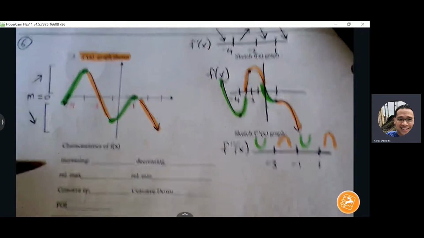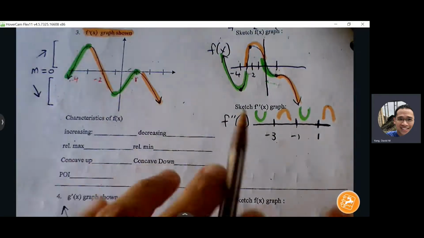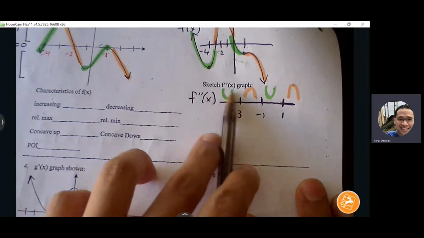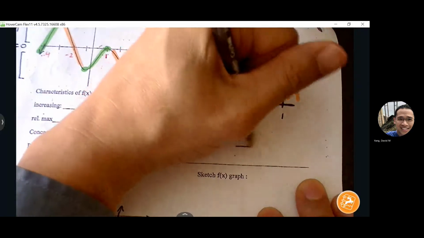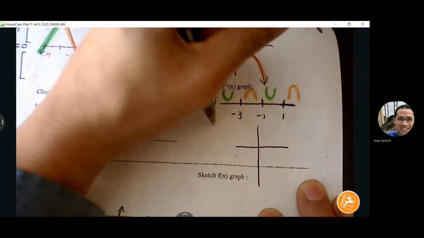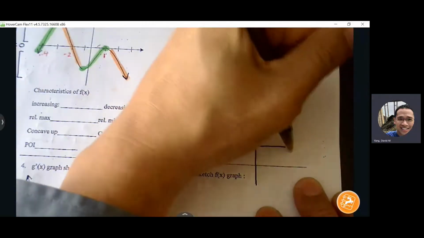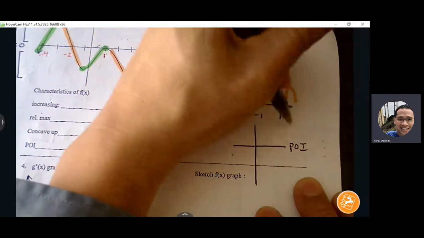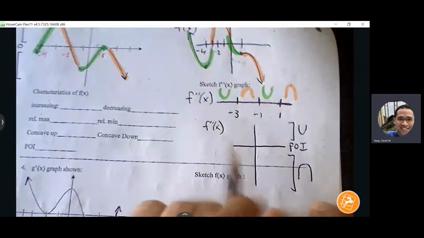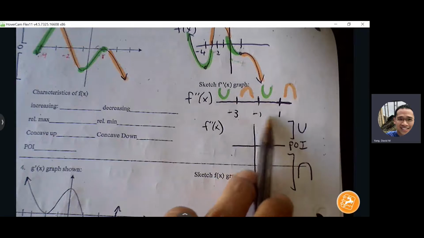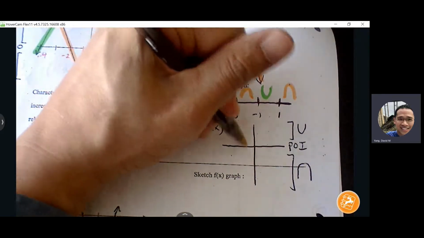So filling out the rest of this chart is easy. Oh, sorry, one more thing. Let's sketch the second derivative graph, just based off of these symbols here. We know the points of inflection are going to live on the x-axis. We know above is concave up. We know below is concave down. So we'll place these points of inflection directly onto our x-axis.